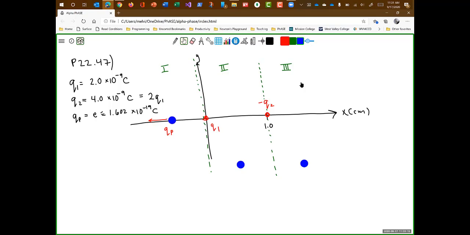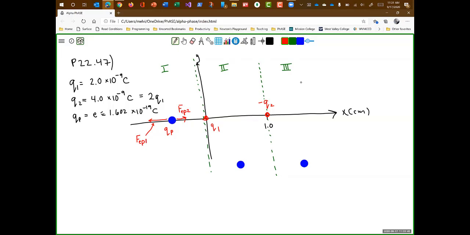I will do my attractive vector. It's going to be shorter than the force vector I drew for charge 1. I will call this the electric force on the proton from charge 2. And I'll call this on the left the electric force on the proton from charge 1.